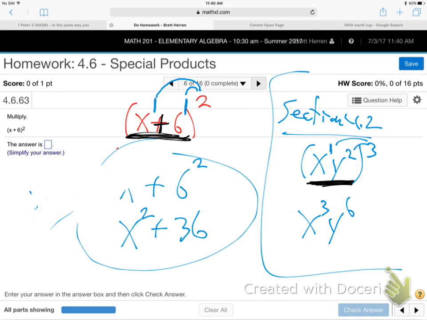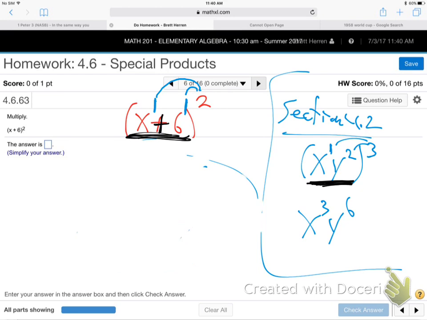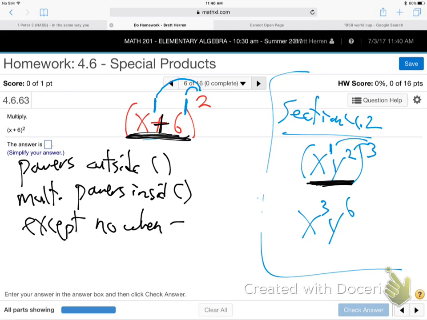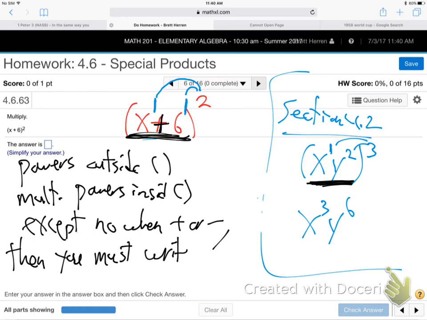So you can't do this. You can't just multiply powers outside, powers inside, that quick, easy rule. Instead, let me write it out. Powers outside parentheses multiply powers inside parentheses, except not when plus or minus, then you must write two of them.